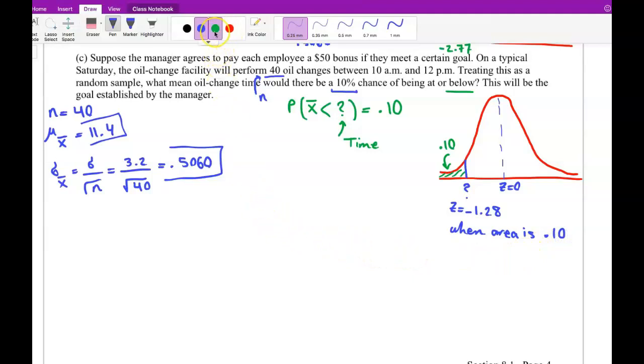Okay, now I want to find x bar. z is equal to x bar minus mean divided by standard deviation.